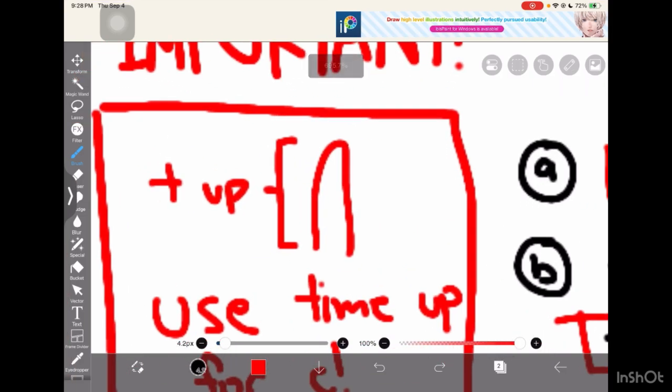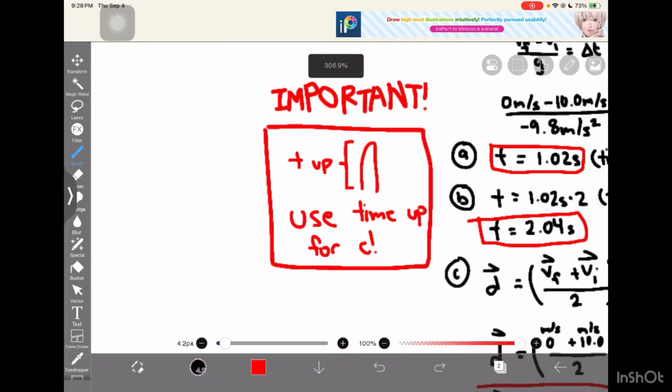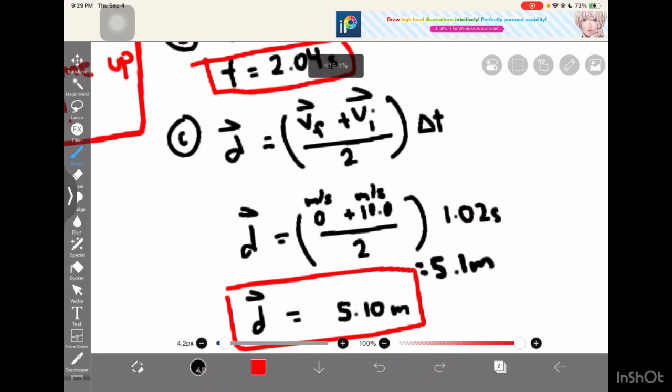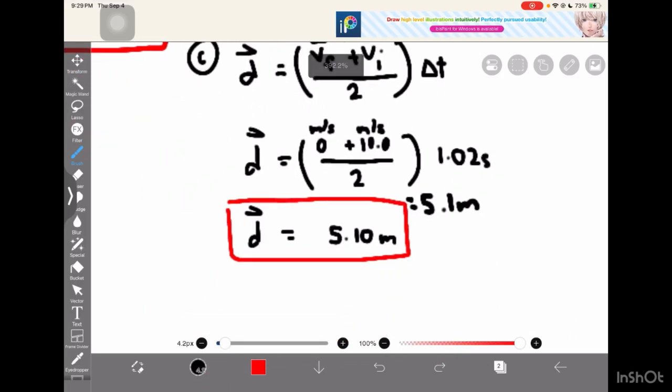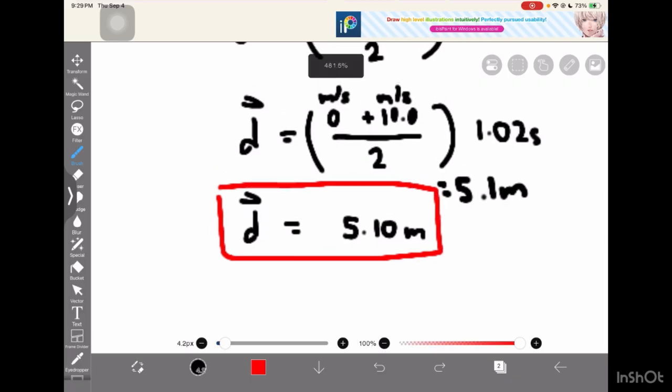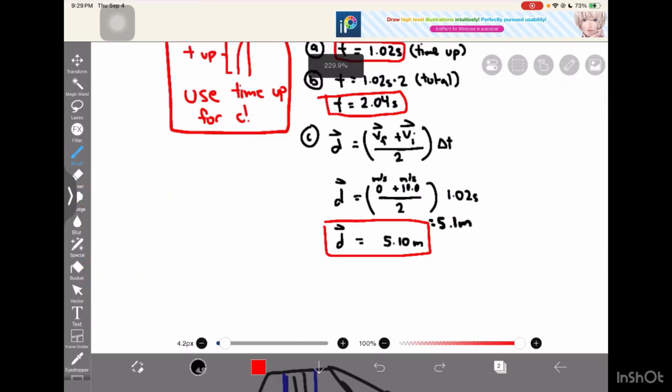Because time up is the time it takes to reach the peak height, so you'll have to use only that when substituting values. So once we do it here, we get this formula, and then we got our answer 5.10 meters, because 3 SFs as well.